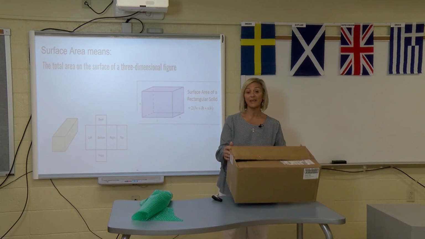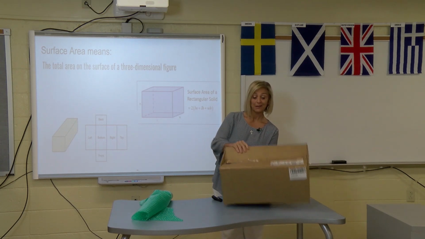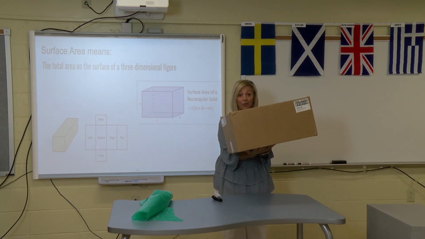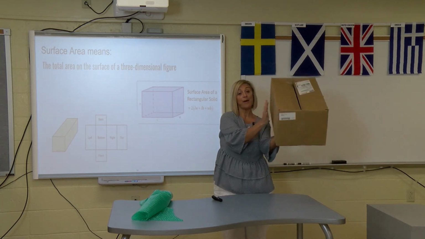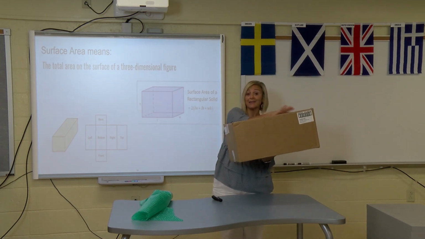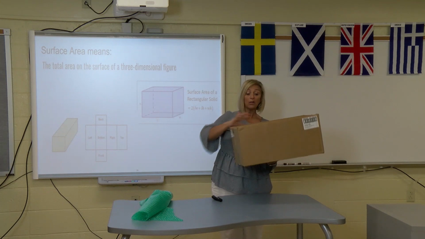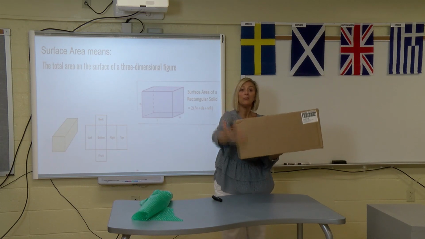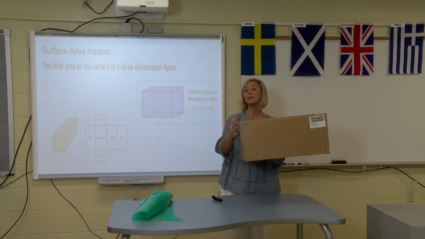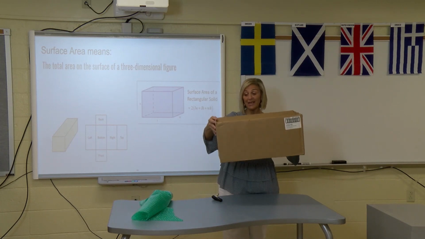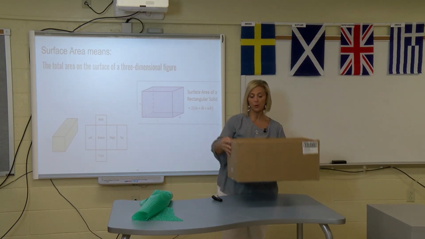We have to find the area of the top, the bottom, the front, the back, and both of the sides, and we have to add them all up. That's how much bubble wrap or how much paper it's going to take to cover any particular shape.